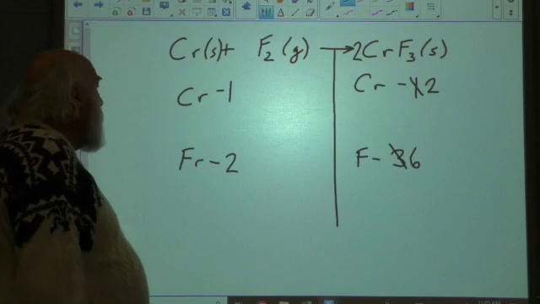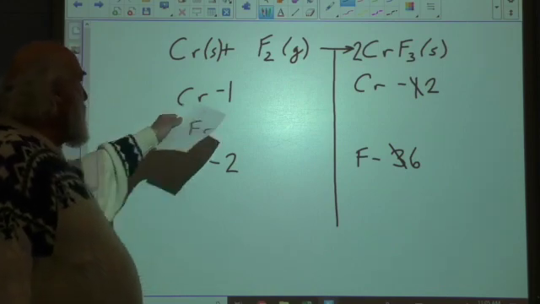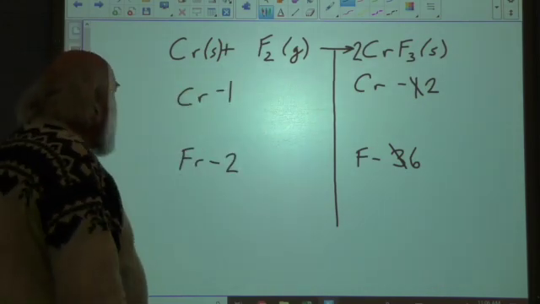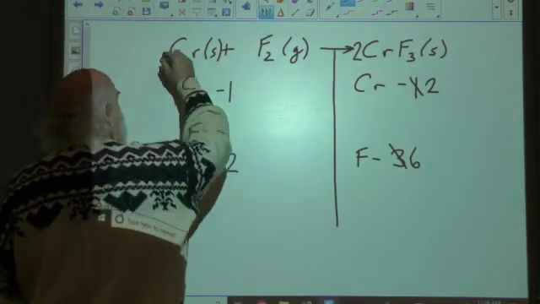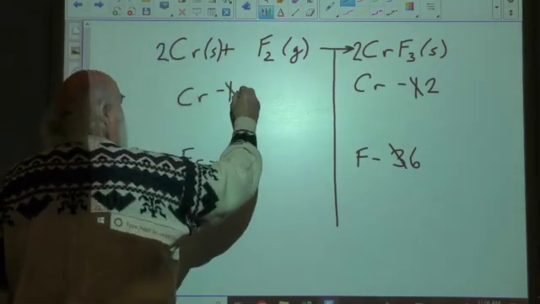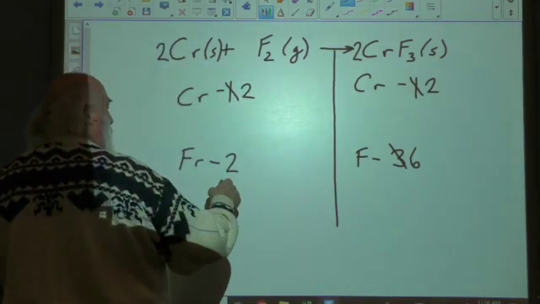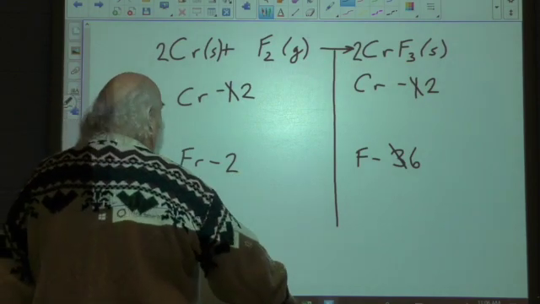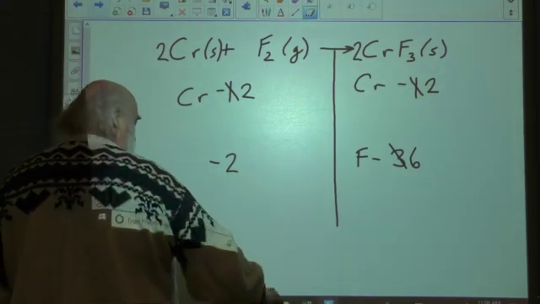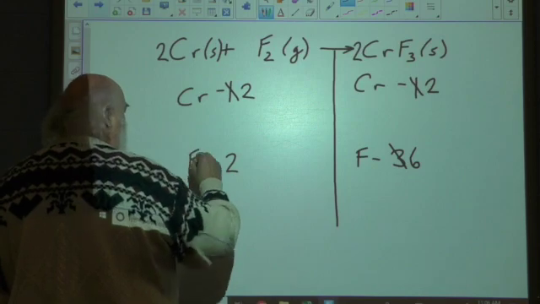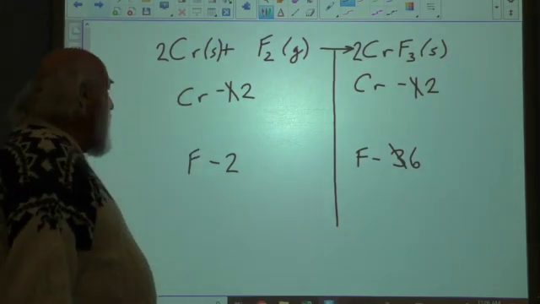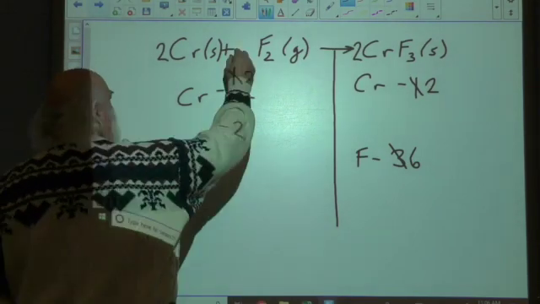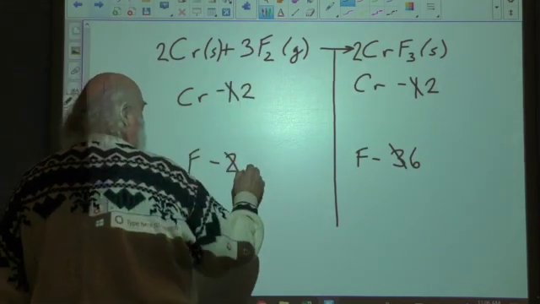Now we can put a coefficient in front of both of these. If we want fluorine to become 2, we got to double the number of fluorines. And we want to make fluorine 6, so I got to put a 3 right there.